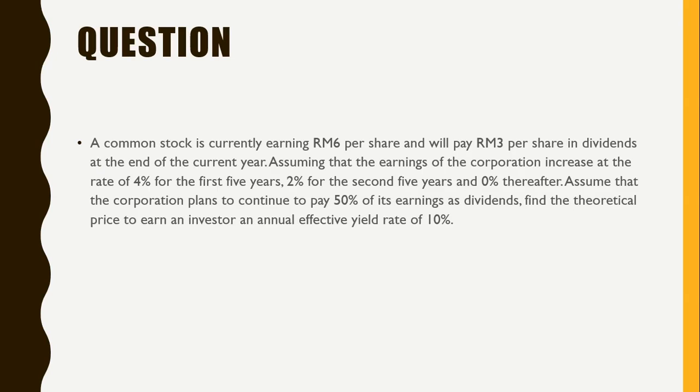A common stock is currently earning 6 ringgit per share, and will pay 3 ringgit per share in dividends at the end of the current year, assuming that the earning of the corporation increases at the rate of 4% for the first 5 years, 2% for the second 5 years, and 0% thereafter. Assume that the corporation plans to continue to pay 50% of its earning as dividend. Find the theoretical price to earn an investor an annual effective yield rate of 10%.